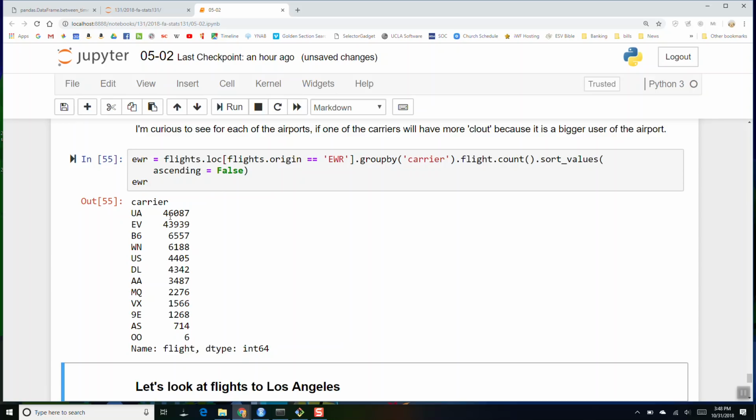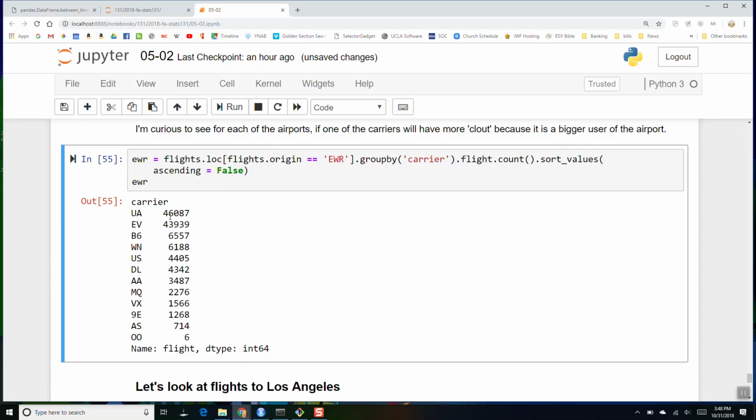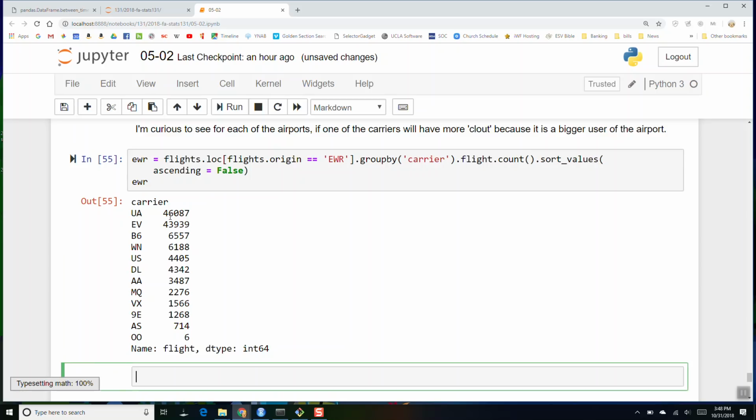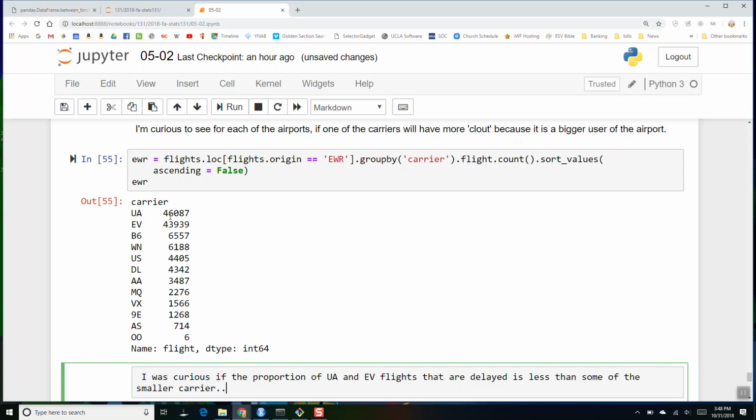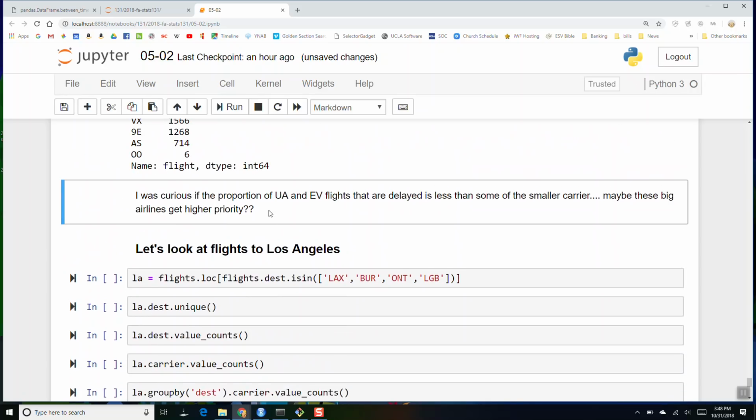I have no idea. I was just curious, but I ran out of time and I didn't do that. But I was curious if the proportion of UA and EV flights that are delayed is less than some of the smaller carriers. Maybe these big airlines get higher priority. Who knows?